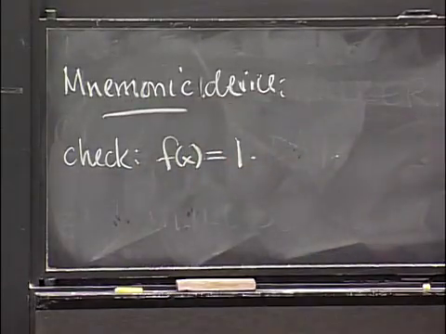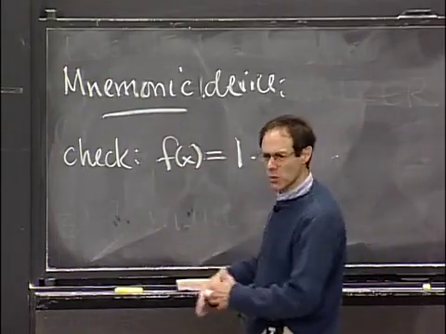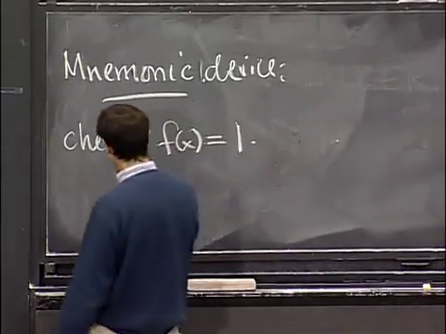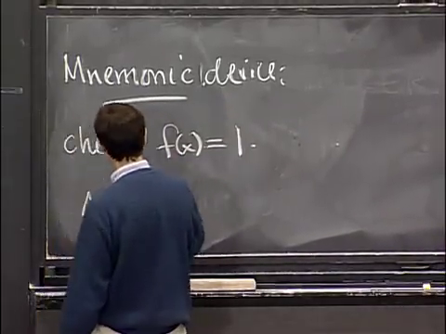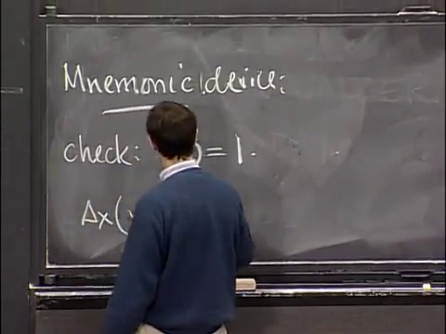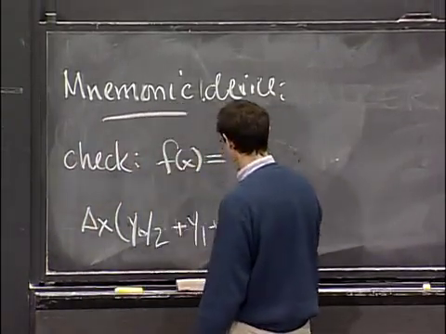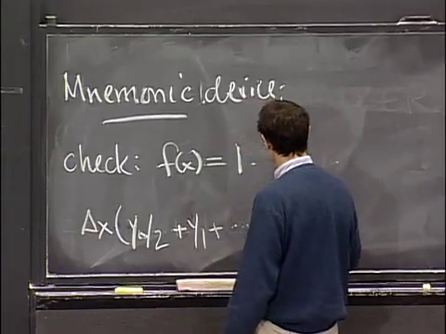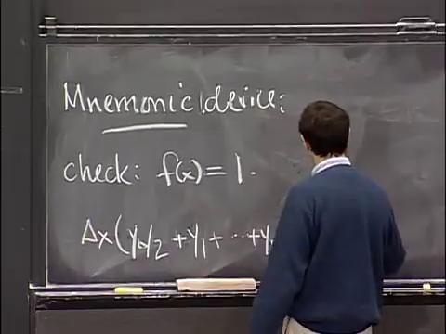It seems very modest, but if it doesn't give you the exact answer for f of x equals 1, you've got the wrong weightings. And here, if you check out what happens in the first formula here, y0 over 2 plus y1 plus, well, we'll go all the way to yn minus 1 plus yn over 2.